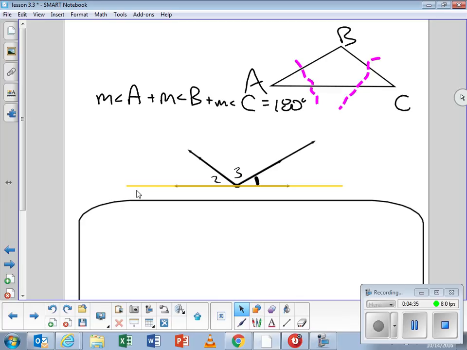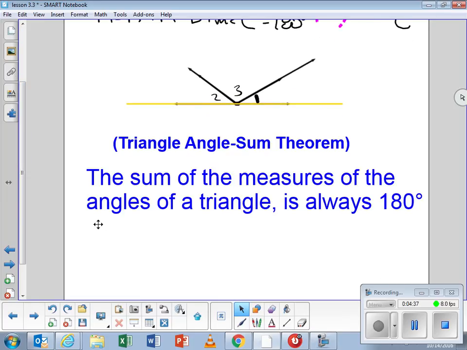That leads us to this. It's called the triangle angle sum theorem. Now, did you notice that none of you made exactly the same triangle? But when you put your angles together, you all got a line.